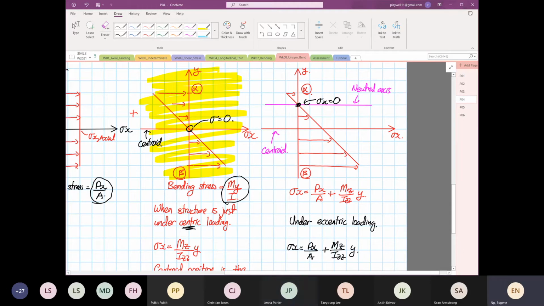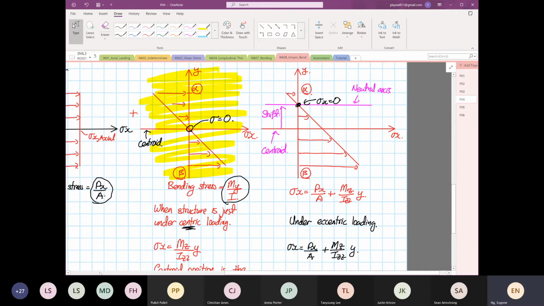So what you see under eccentric loading is there is a shift of your neutral axis. And for this reason, I get really annoyed with textbooks or some of the online lectures that I hear, that they specify the centroid and the neutral axis are the same thing. No, sometimes it's true, other times it's false.